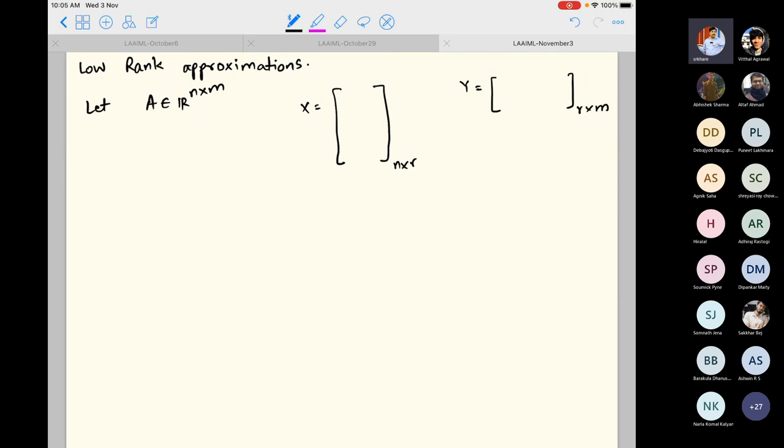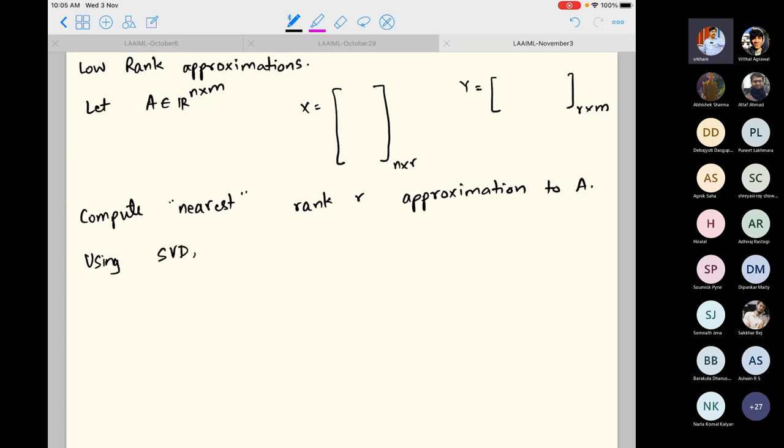And what I really want to do is compute the nearest rank r approximation to A. A is a given matrix and we want to compute the nearest rank r approximation to A. Using SVD, what will you do?